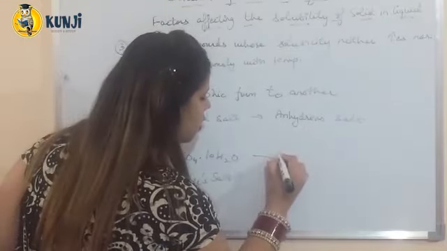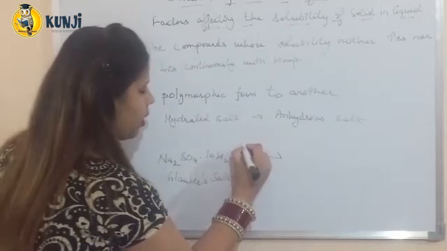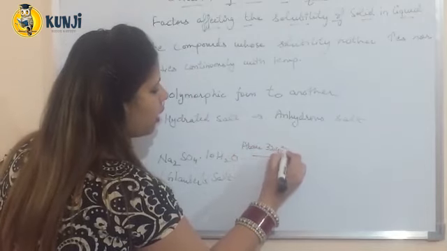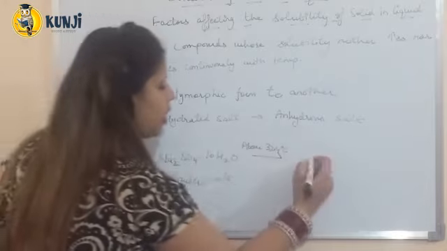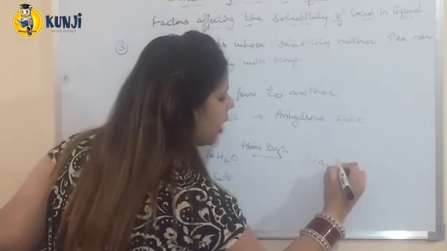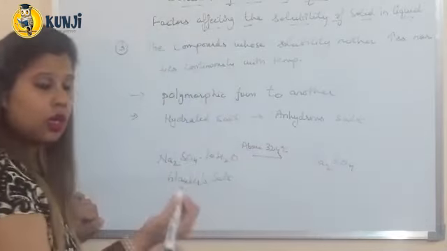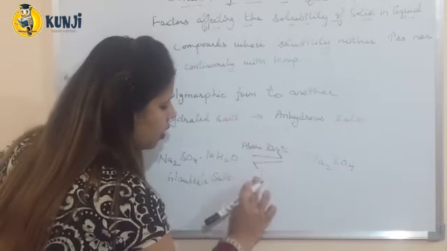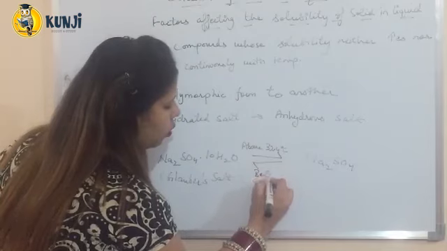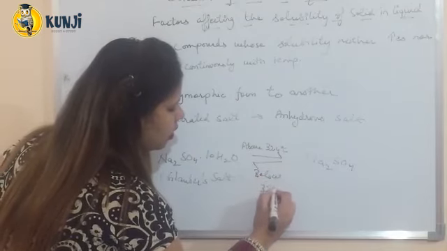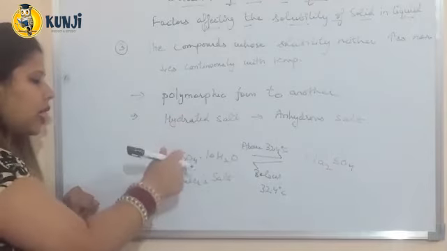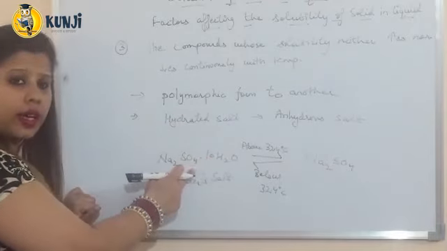When the temperature was given to this salt, above 32.4 degrees Celsius, it changes to its anhydrous form. But when the temperature was decreased again, below 32.4 degrees Celsius, it comes back to its own state, that is the hydrated state.